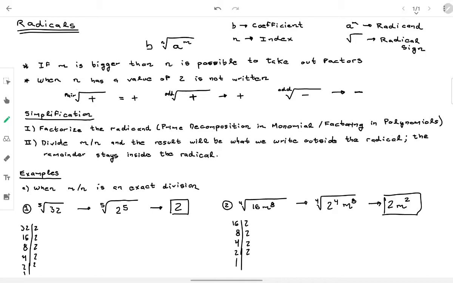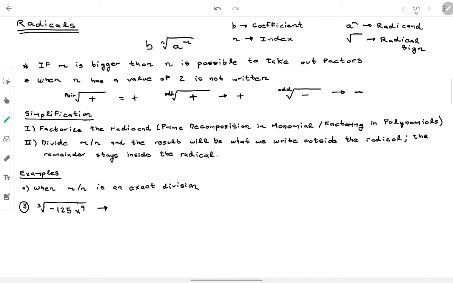Let's see another example. In this example, we have a negative term, but the root has an odd index. Remember, when we have an odd index of a negative, we know that our answer is going to be negative. So what can we do here?